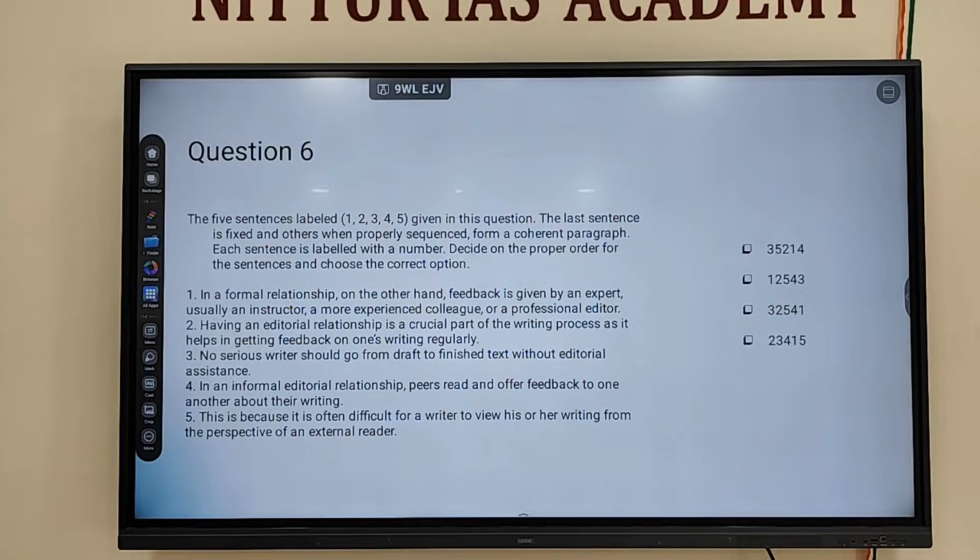No serious writer should go from draft to finished text without editorial assistance. In an informal editorial relationship, peers read and offer feedback to one another about their writing. This is because it is often difficult for a writer to view his or her writing from the perspective of an external reader.